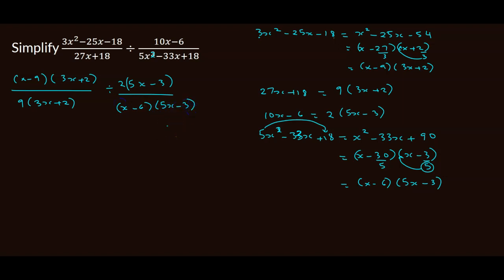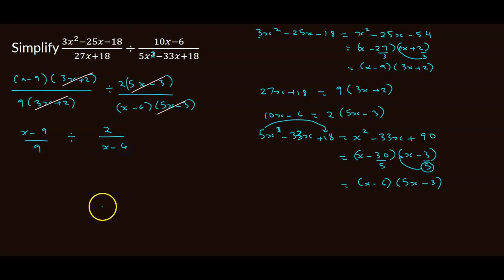So let's see if we can simplify this the way it is. We can take this out, 5x minus 3, 5x minus 3. So now our expression is going to look like this: x minus 9 over 9 divided by 2 over x minus 6.